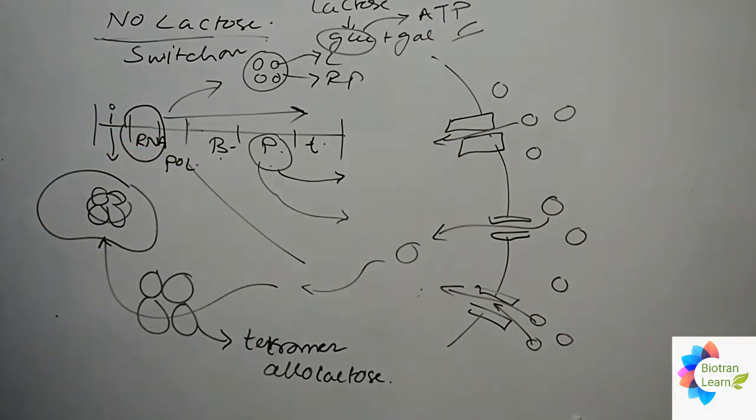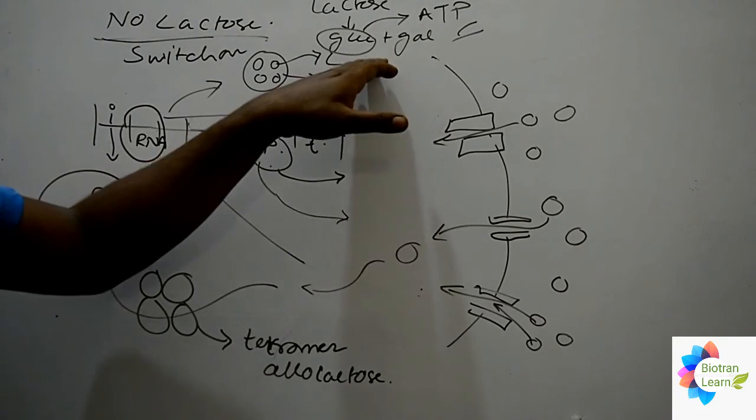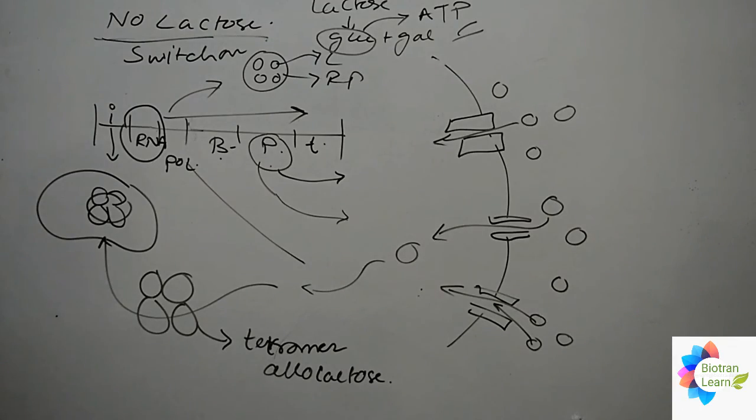It will start to digest the lactose to form glucose and galactose, and that glucose will be consumed to produce ATP. So that was the whole lac operon structure, and how the system is switched off whenever the glucose level increases to a much higher position.